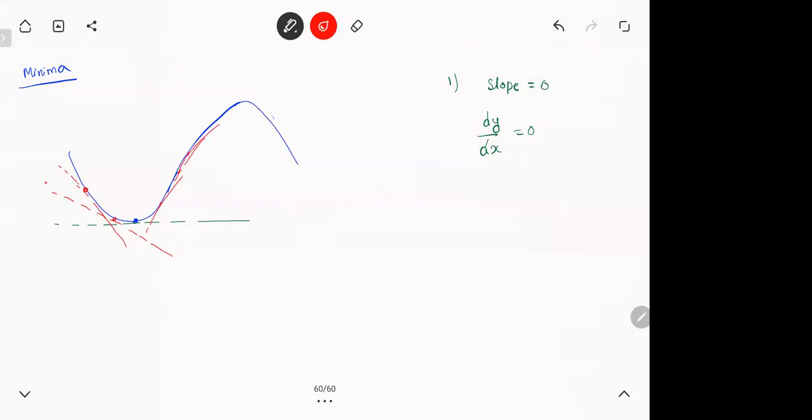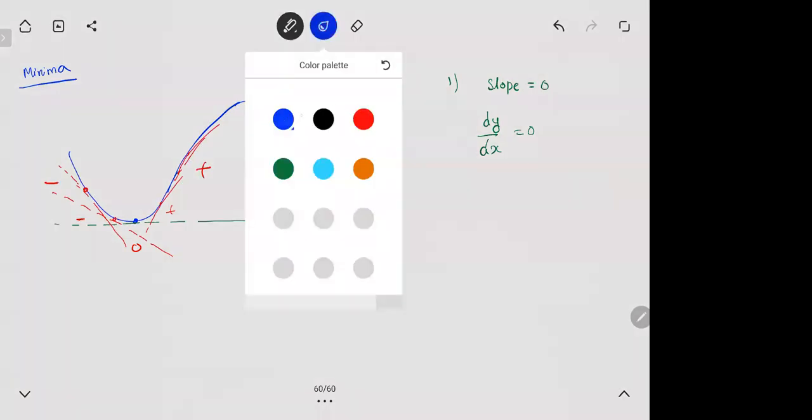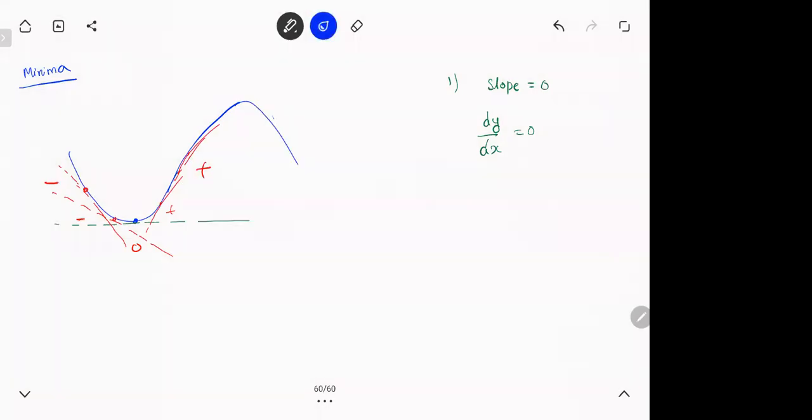But this was negative, less negative, 0, positive, more positive. So in this, if you look at it, the slope is increasing.